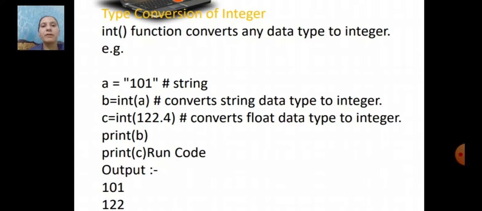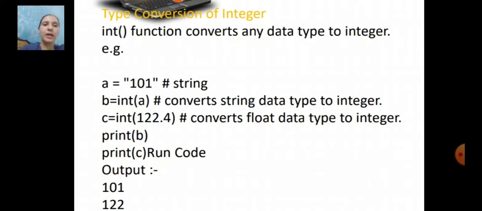For example, we have taken a equals "101". As 101 is enclosed in double quotes, it is a string value, and we can convert this value into an integer by using the int function. Like this, b equals int of a. It converts the string data type to integer.